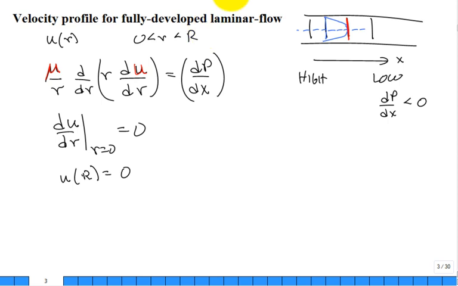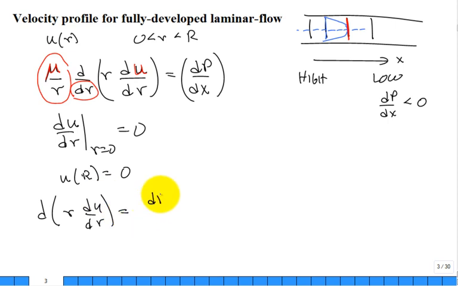When I separate, what I'm going to do is take these two terms and bring them to the other side, as well as this term, leaving only the change in R du dr equal to, this is just a constant, dp dx, just leave it alone. Treat it as an entity all by itself.